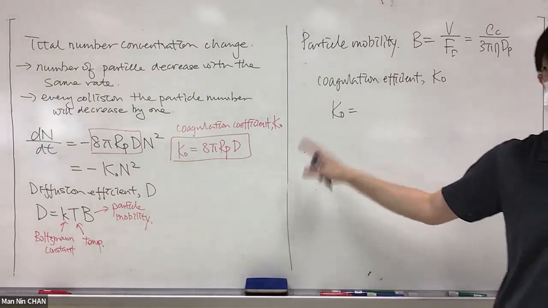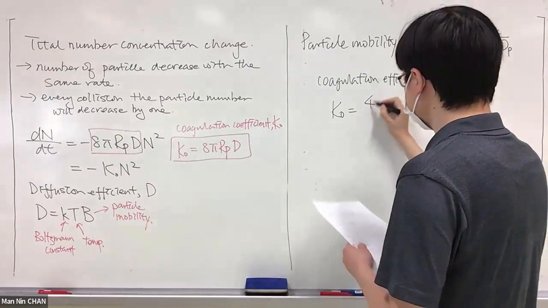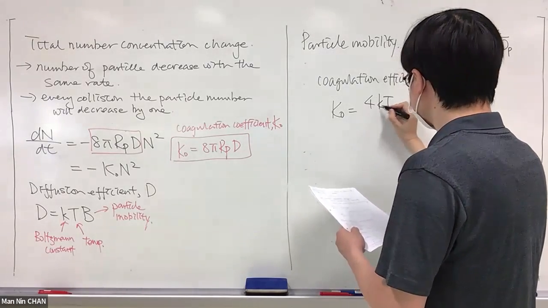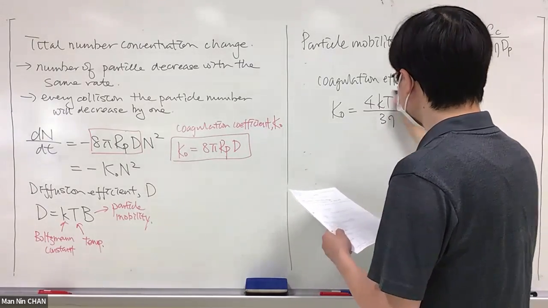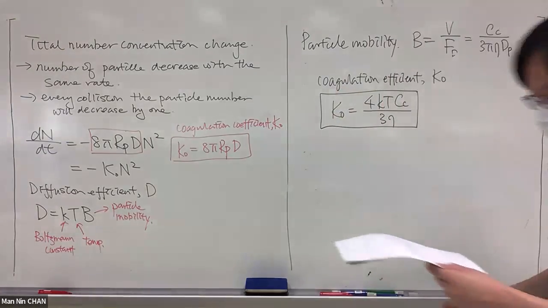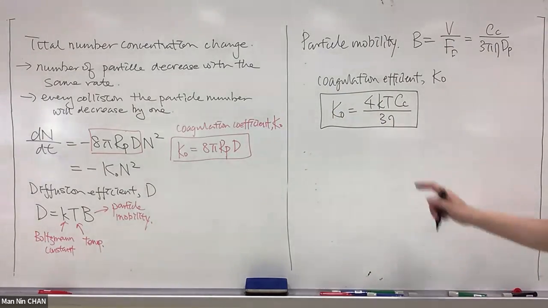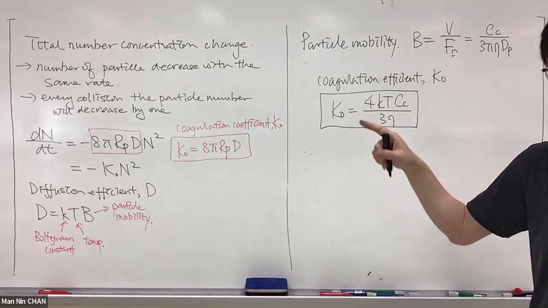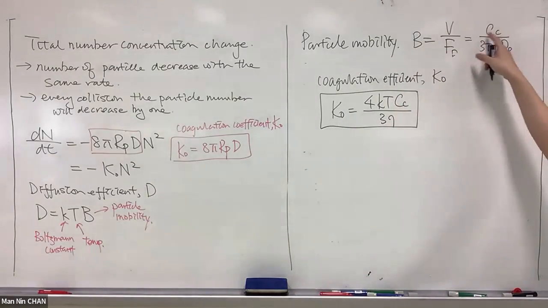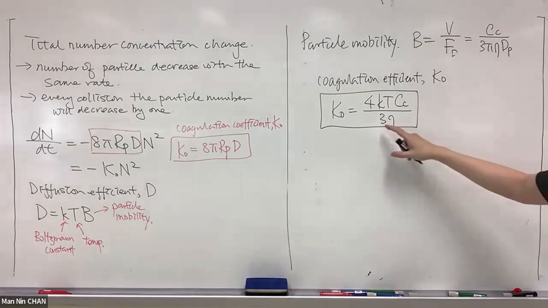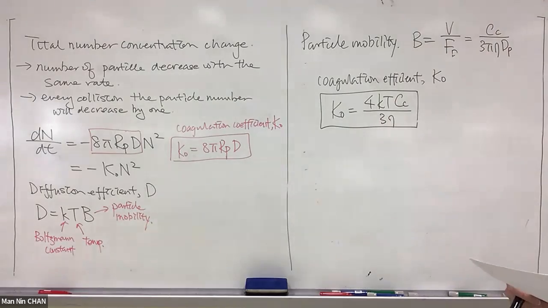What I did here is just the substitution. You can calculate this coagulation coefficient will be equal to 4 times the k, remember, the k is not the rate constant, k is the Boltzmann's constant, times the temperature times this Cunningham correction factor, divided by 3 times the viscosity of your fluid, or the air.